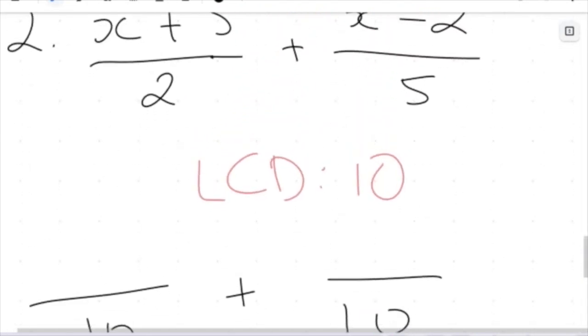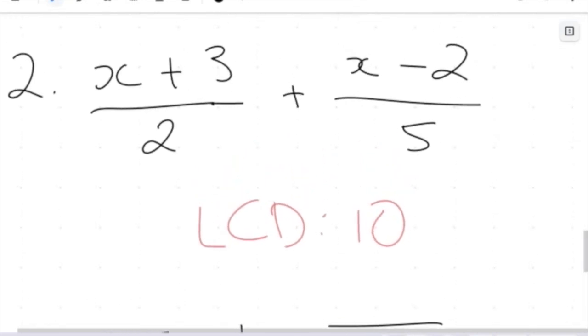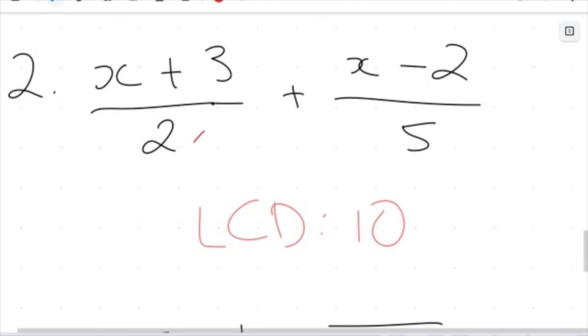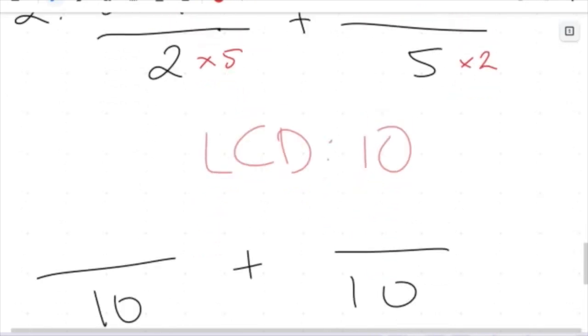Now, what did 2 get multiplied by to give us 10 in the denominator? It got multiplied by 5. So this entire top expression is going to get multiplied by 5. Now this 5 got multiplied by 2, so this entire top will get multiplied by 2. The reason I've said this entire numerator means that we need to treat x plus 3 as its own number.